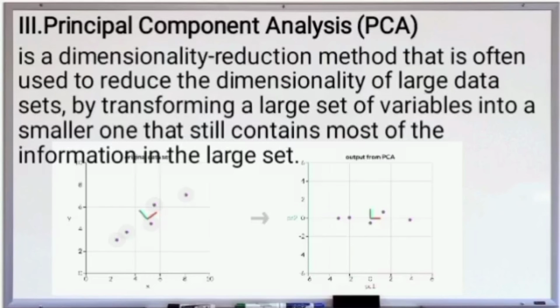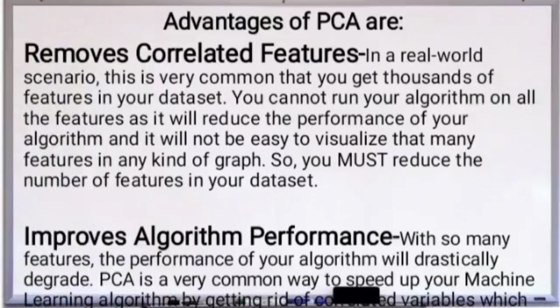Principal Component Analysis, or PCA, is a dimensionality reduction method that is often used to reduce the dimensionality of large datasets by transforming a large set of variables into a smaller one that still contains most of the information in the large set. Advantages of PCA are: it removes correlated features.